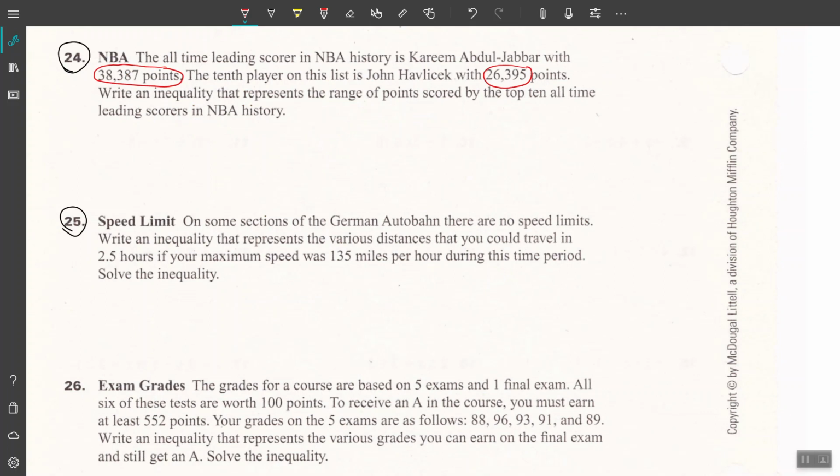You don't need to know the scores of players 2 through 9 because they've given you the top most and the bottom most number of points on this list, and they just want the range. So if we let x equal the range of points, then we know x is less than or equal to this top most number right here, and x is greater than or equal to this bottom most number.